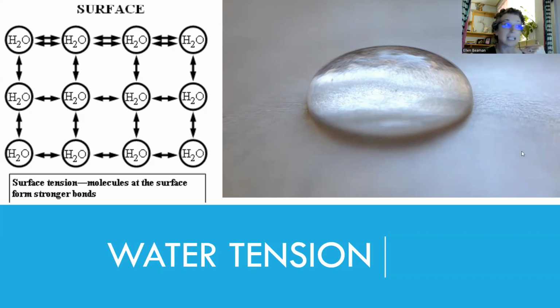What happens is the top layer creates double bonds that you can see on the left-hand side of the screen right here. So here at the surface, we have two bonds between each molecule instead of the single bonds that we have below. And that creates surface tension.